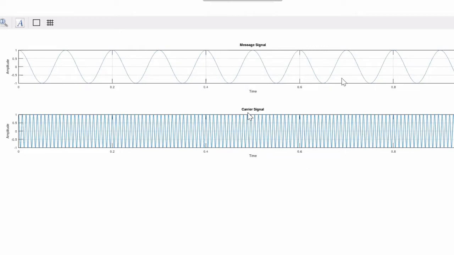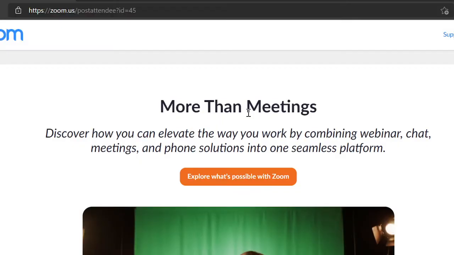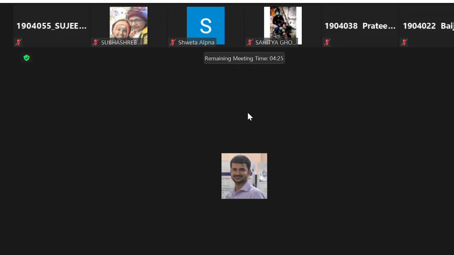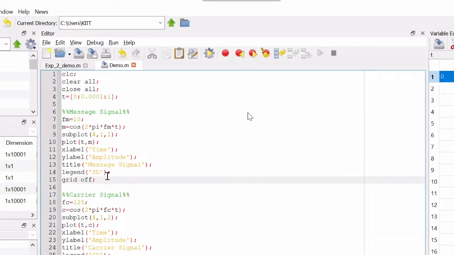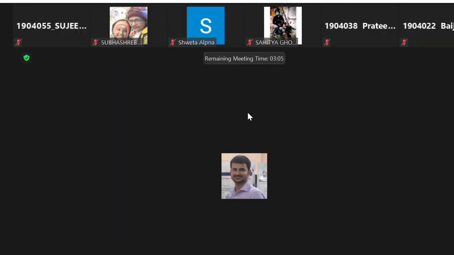Okay, so remember this, and the grid on and off. You see in the graph, in between, the light gray lines, the horizontal and vertical, they are the grids. If I keep the grid off instead of on, and then run it, it will just do one thing.